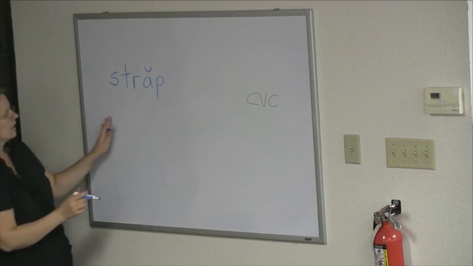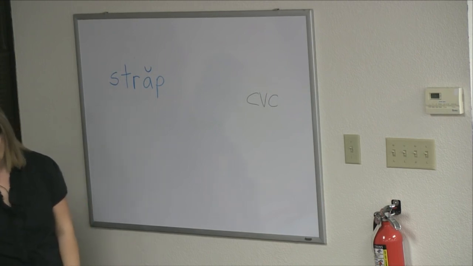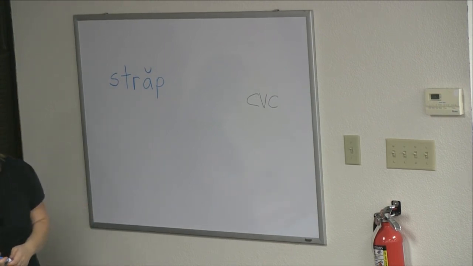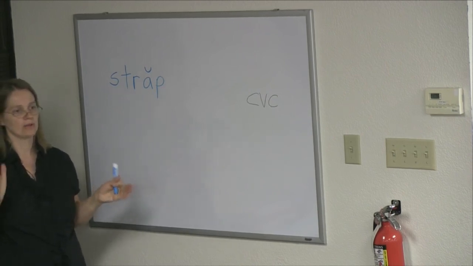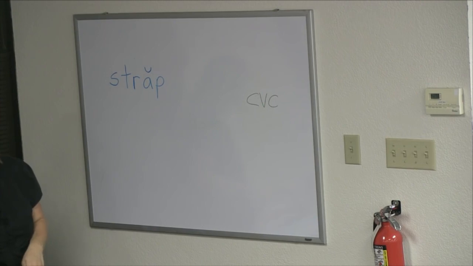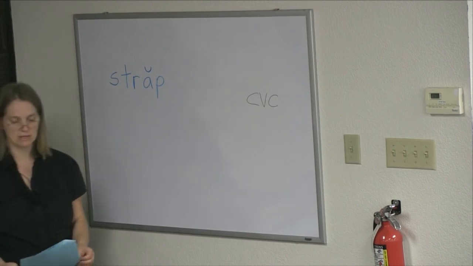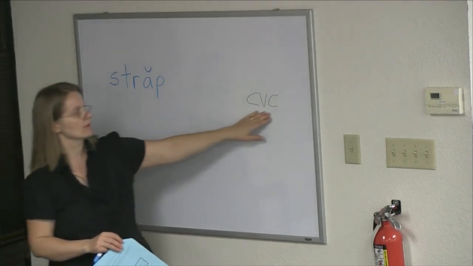So by adding beginning blends and ending blends on now, you can turn words into longer words, even though you still only have one vowel in it. So we have task, tent, trip, Todd, trunk, duck has a CK at the end. So now you expanded it beyond just the three-letter words.